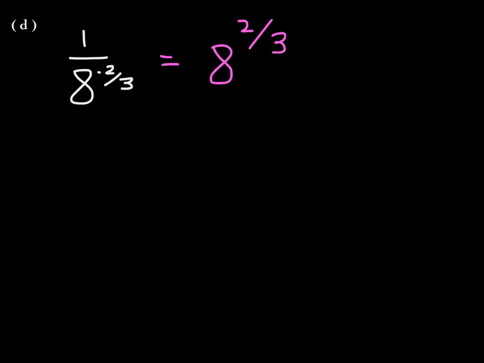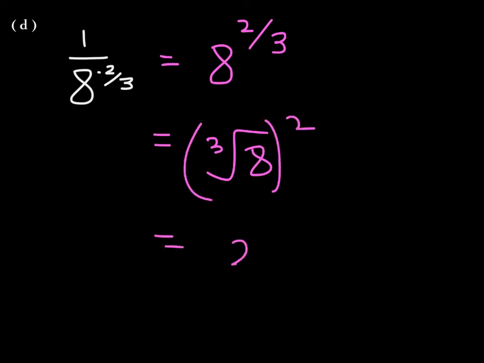And then we just continue simplifying this as the cube root of 8. I think we did this earlier, this one. And then squared. So this just becomes 2 squared, which is 4. All right. So we know how to handle negative exponents, negative fractional or negative rational exponents.